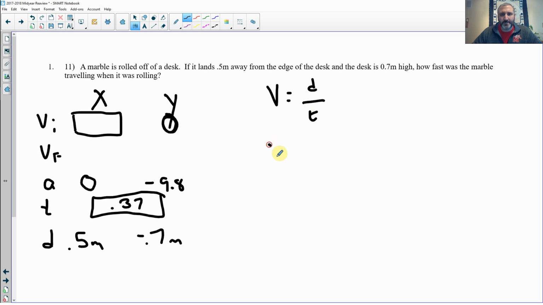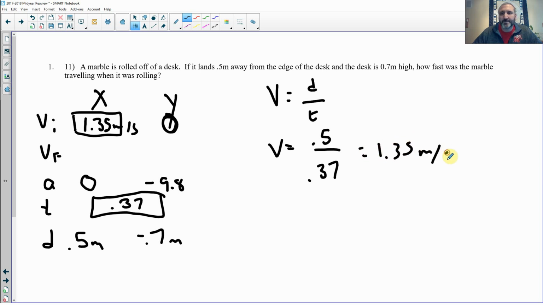We can plug some stuff in. v equals 0.5 meters in the x over 0.37 seconds. So 0.5 divided by 0.37 is 1.35 meters per second. And I hope I haven't screwed any of this up.